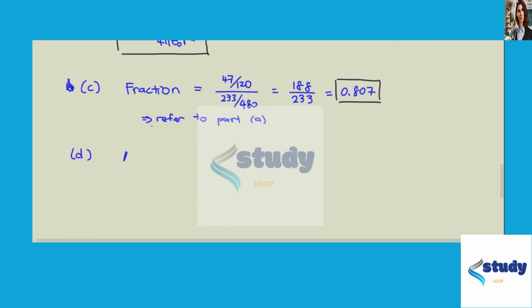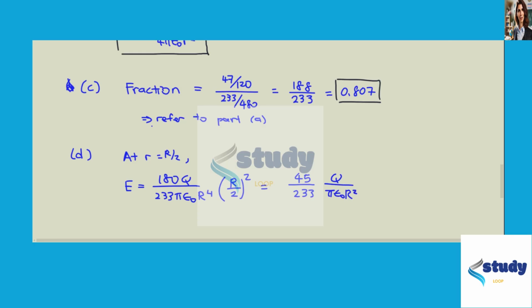At half of the radius, the electric field is 180 Q divided by 233 pi epsilon naught R to the 4 times R over 2 squared, sorry. You get 45 over 233 Q over pi epsilon naught R square. So this is the answer for part D.